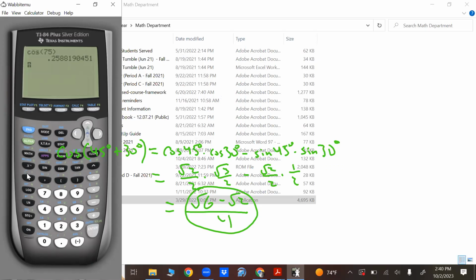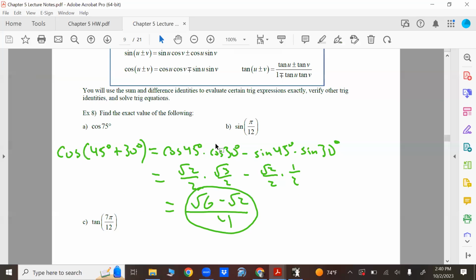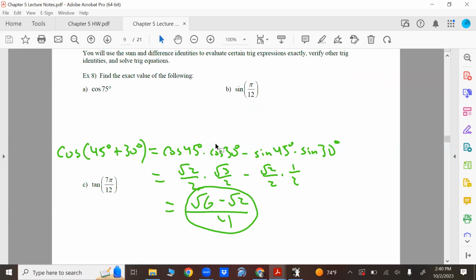Or if I do root 6 minus root 2 all over 4, same thing, right? So I know it works. It's commutative, so the order doesn't matter. If you got a different answer, you might have made a careless mistake.